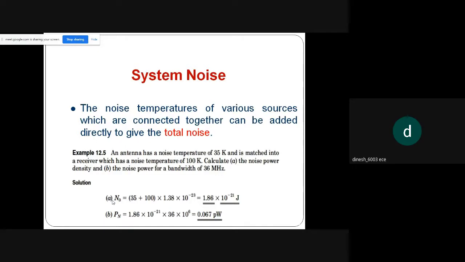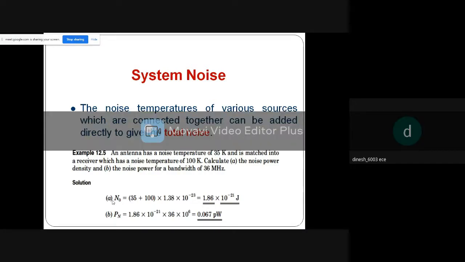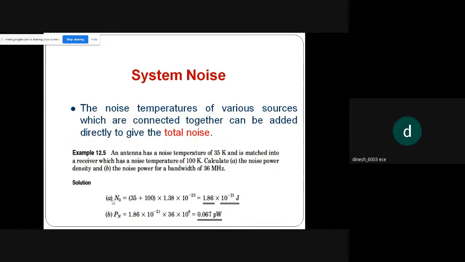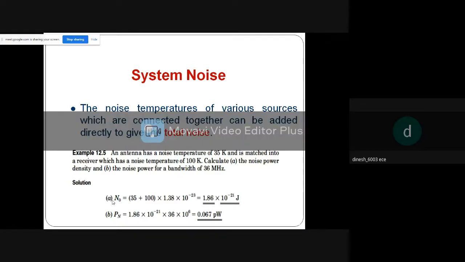So this is how to find noise power density and noise power for a bandwidth of certain frequency.